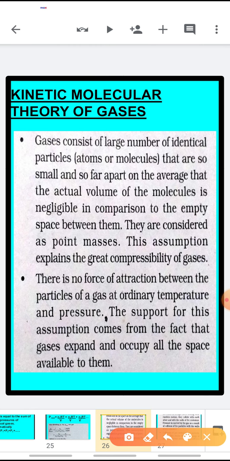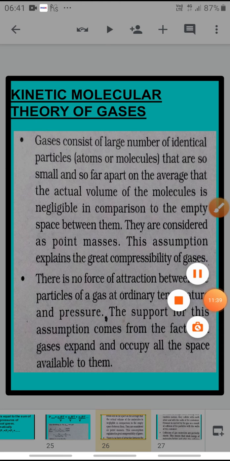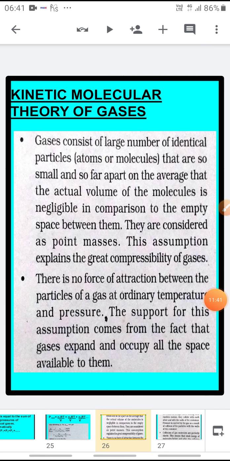Now children, we all know that according to the gas laws, when the pressure is increasing, the gas compresses. That means when we increase pressure, the volume of the gas becomes low.